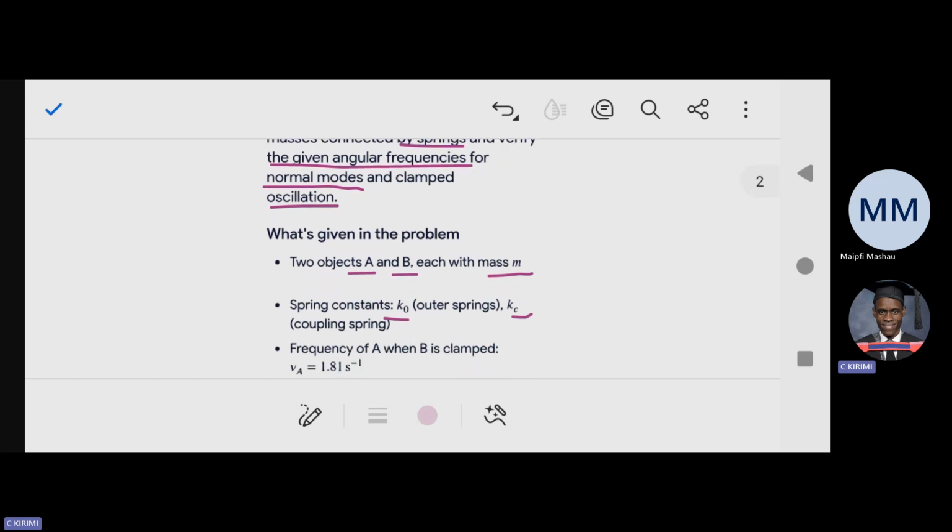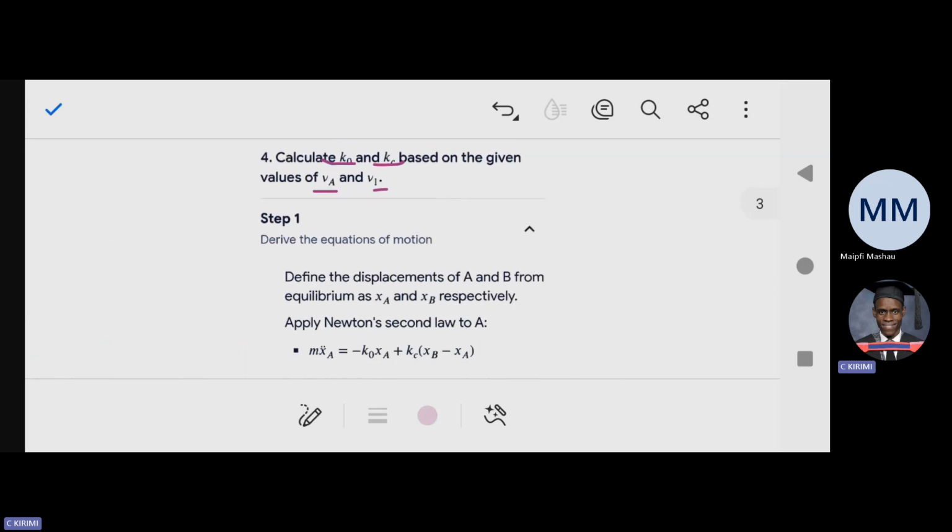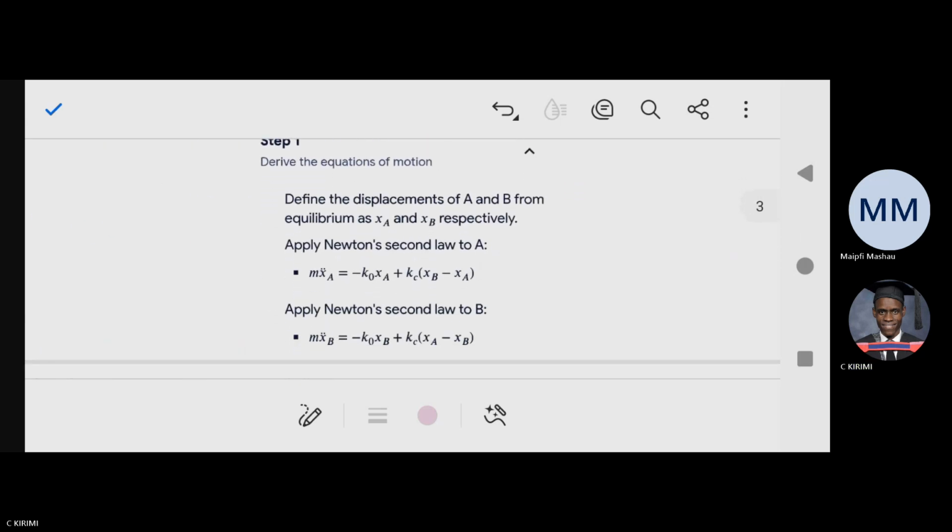So two objects A and B, each with mass m. This is the given information. We define the displacements of A and B from equilibrium as xA and xB respectively. Then now we use Newton's second law. What does Newton's second law say?